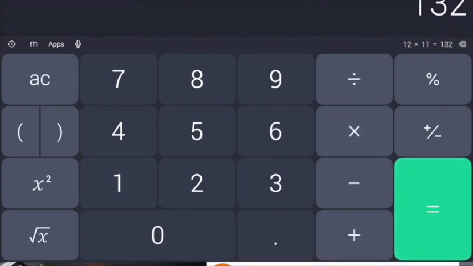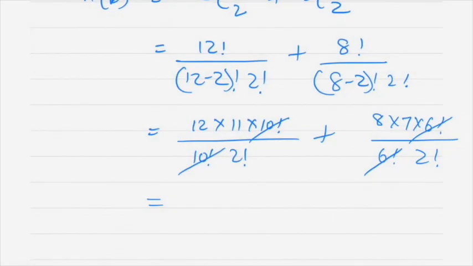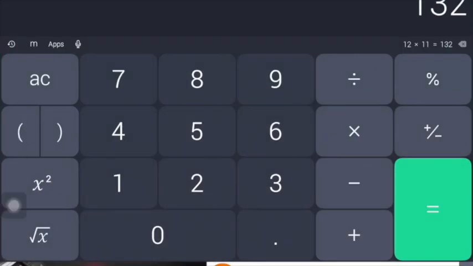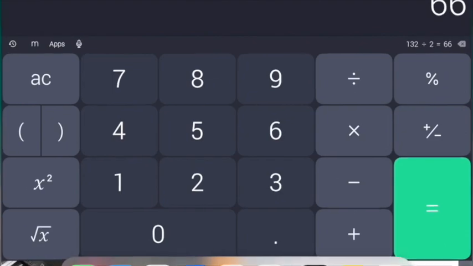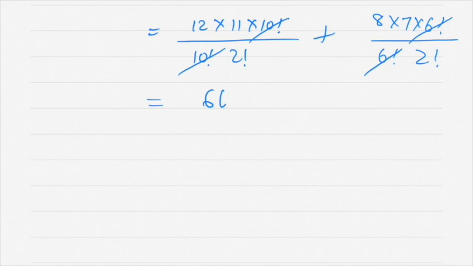So 12 into 11 is 132. Okay, 132 divided by 2. 132 divided by 2 is 66. So 66, and 7 into 8 divided by 2 will be 28.